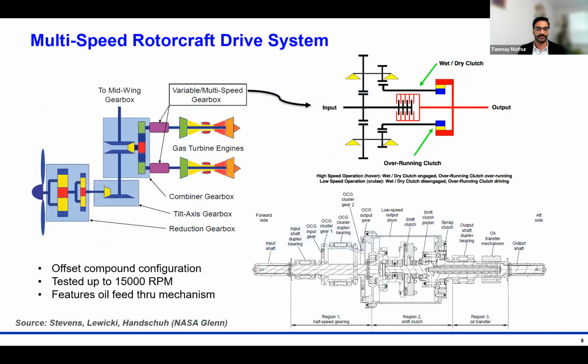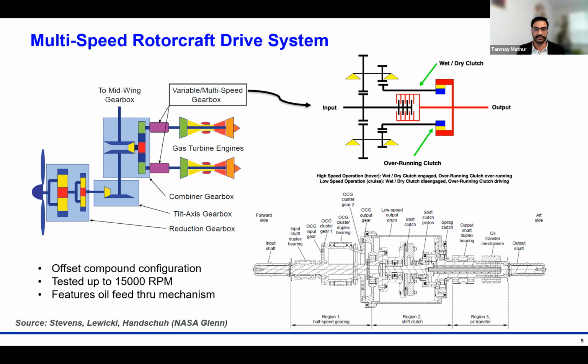Okay, so at present, if you look at helicopter gearboxes, they have a single fixed speed ratio between the engine input and the output at the rotor. But in helicopters, the rotor speed during hover is higher than when it's cruising.